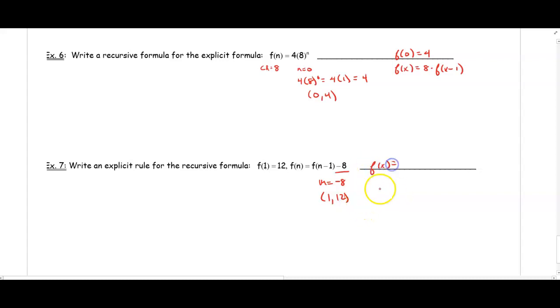So, remember, for the linear functions, it's m times x minus x1 plus y1. So it's going to be negative 8 times x minus, my x coordinate is 1, plus my y coordinate 12.